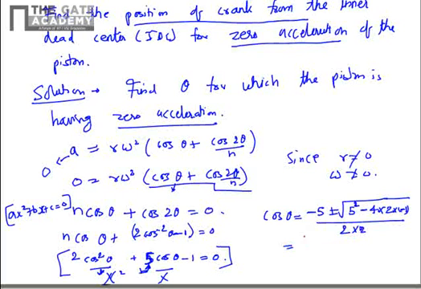If we simplify this expression, we get minus 5 plus minus 5.744 divided by 4.